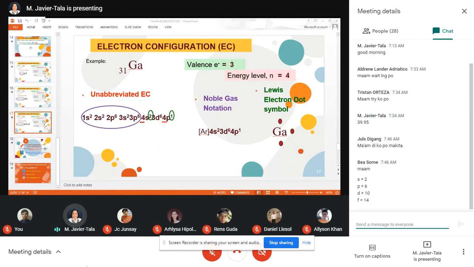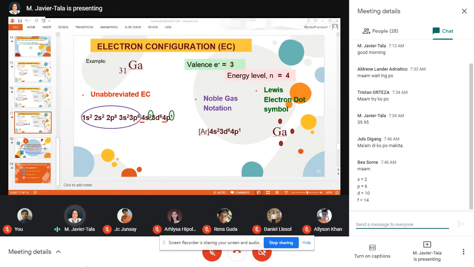So if you will look and add again, the electrons in your unabbreviated electron configuration should have a sum of 31 for it to be equivalent to your atomic number. The electrons in a stable state should be equivalent to your atomic number. So it should have a sum of 31.